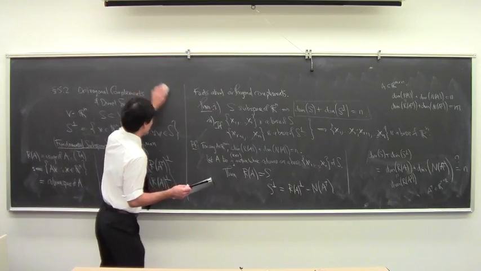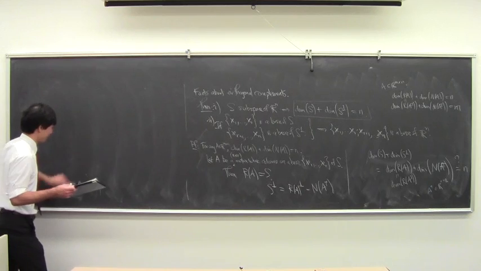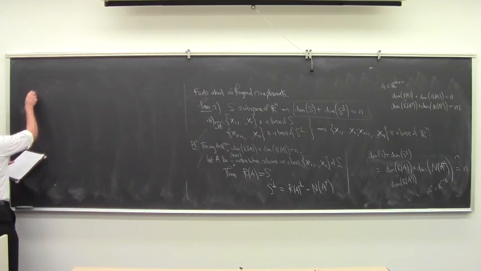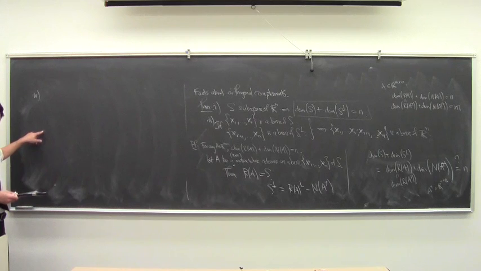Okay. The second part of the theorem. We want to see that if you have a basis of S and a basis of S perp, then the two of them together form a basis of Rn.